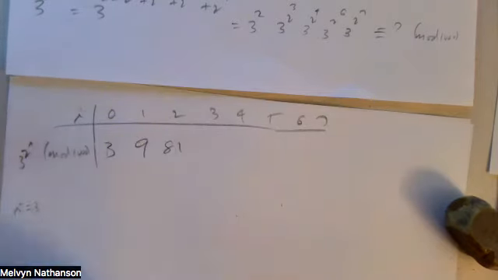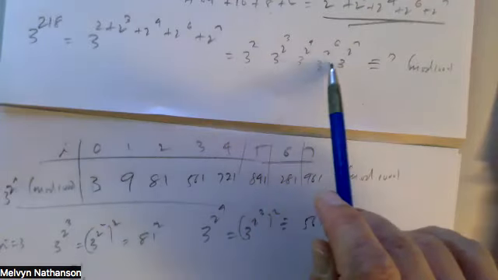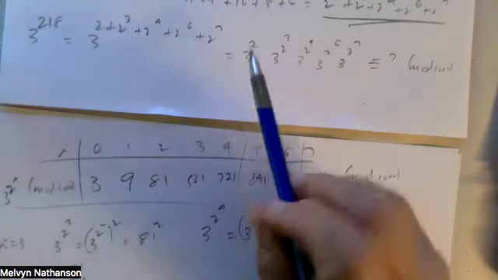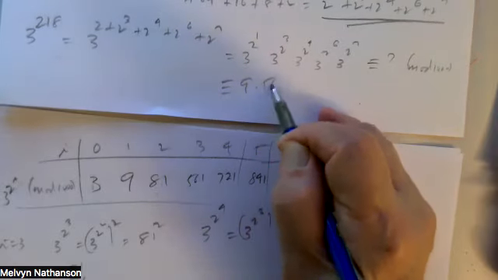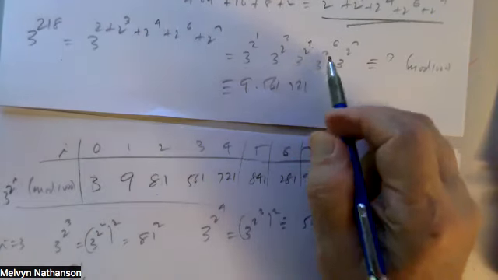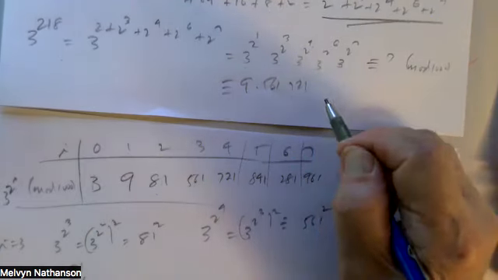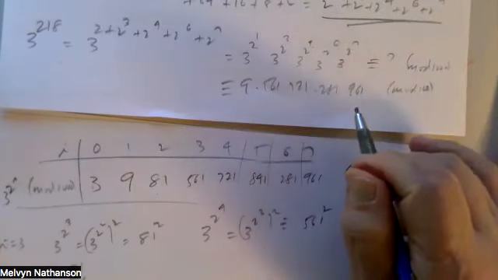So if I have 3 to the power 218, it's this times this times this. 3 to the 2 to the first power is 9, times 3 to the 2 cubed is 561, times 3 to the 2 to the 4th is 721, 3 to the 2 to the 6th is 281, and 3 to the 2 to the 7th is 961, modulo 1,000.